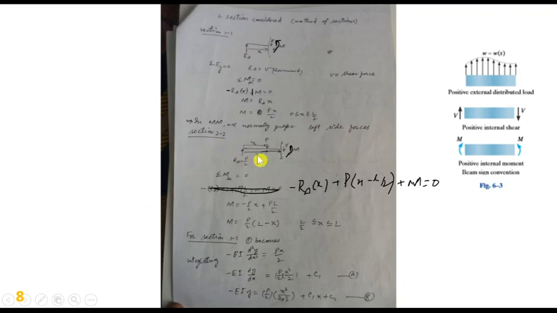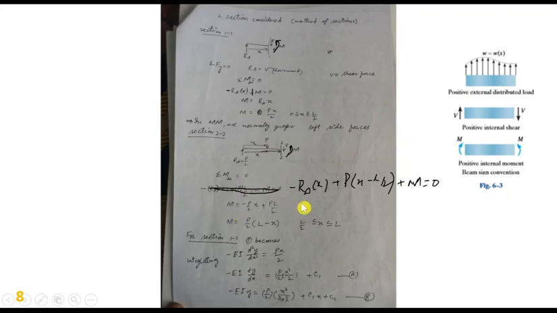In section 2, that is drawn here, beyond P. So this is RA, P, and V and M are shown positive here. Summation of all moments at section 2 should be 0.